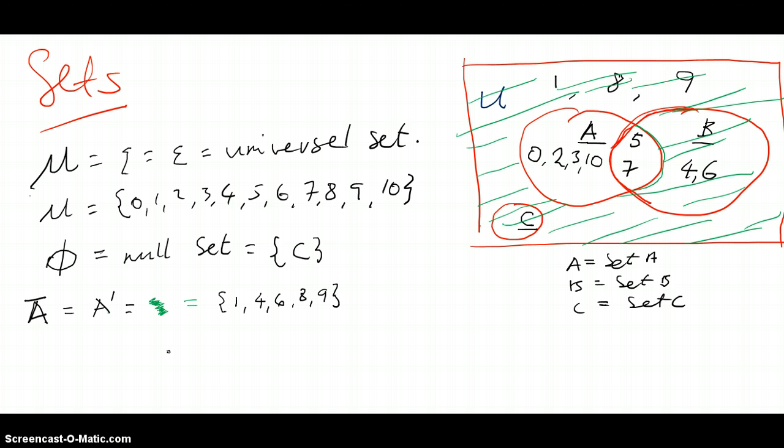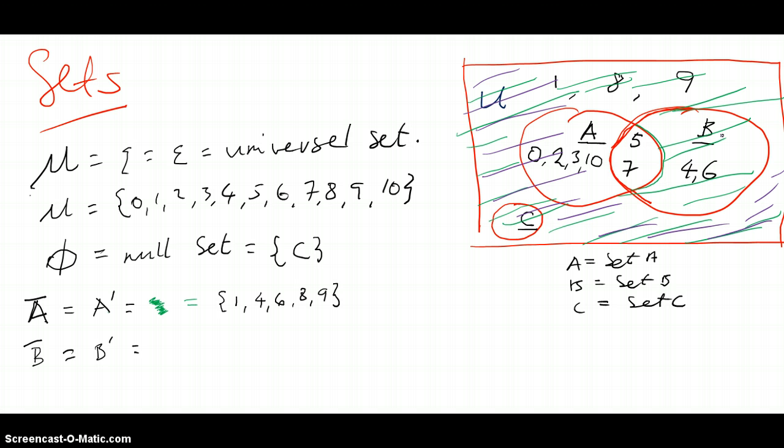And if I asked you as well, for example, let's try B bar or B complement. I'll label this with a different color. Let's make it purple. So everything outside of set B will be this part, not including this part.